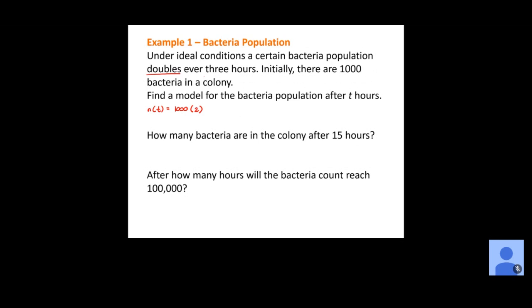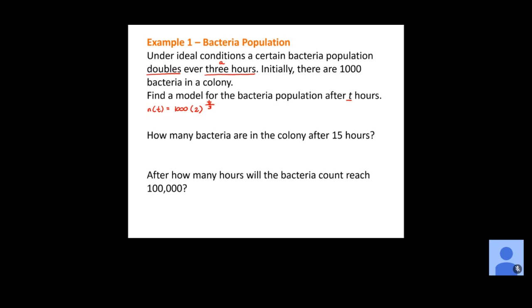Well, our doubling time is going to be 3 hours. So this gives us our a value now. And we want an equation in terms of t. So t is actually going to stay in our equation this time. So this is just going to be t divided by 3.